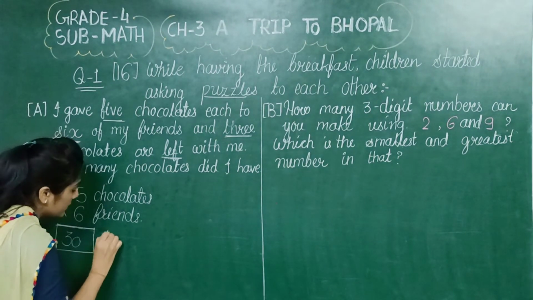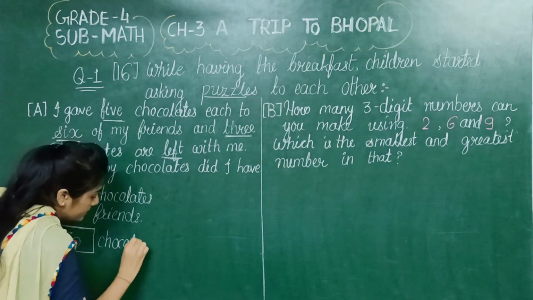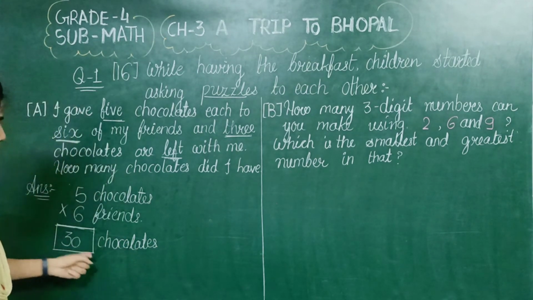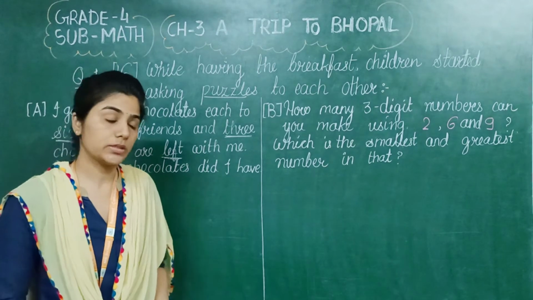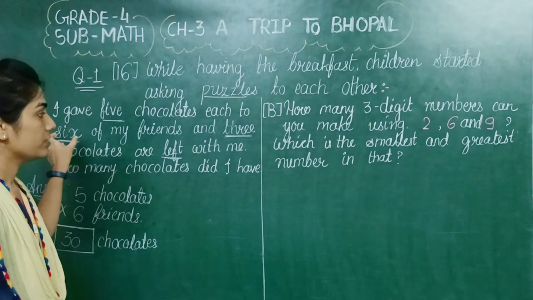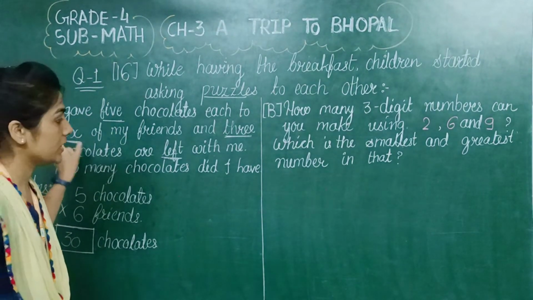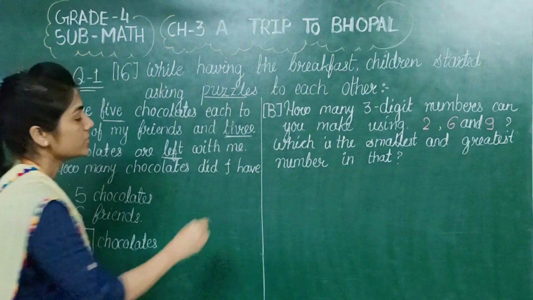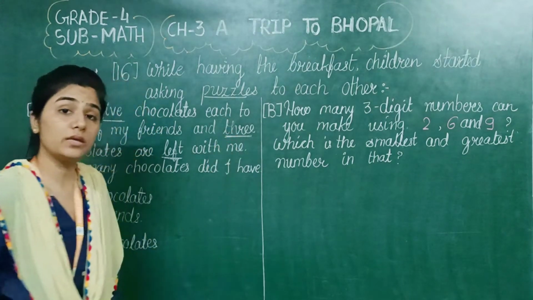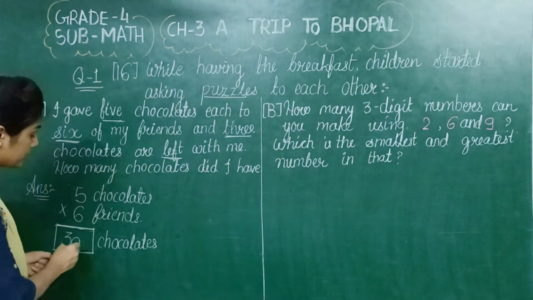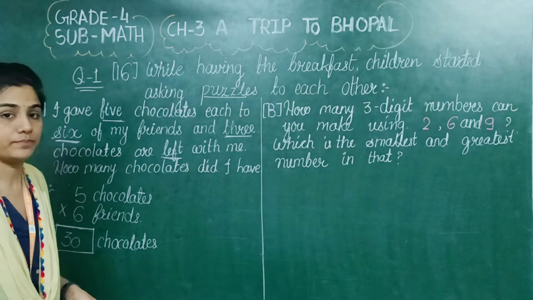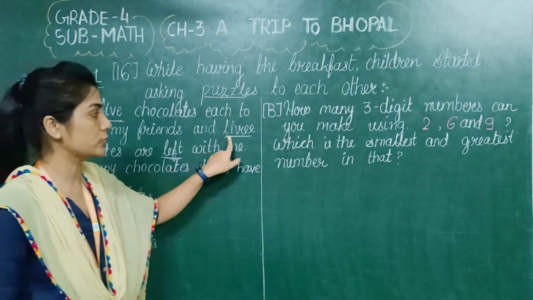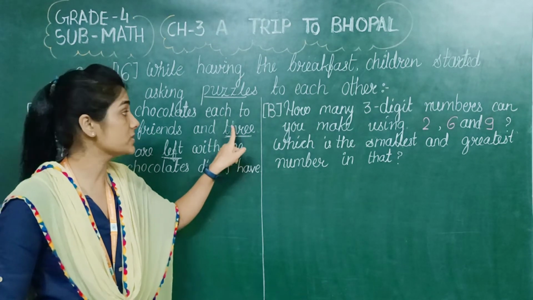The meaning of this sum is this: 30 chocolates you are distributing among these 6 friends. Now how many chocolates are left with you? There are 3 chocolates remaining with you. That means whatever number of chocolates we found, which is 30, in this 30 chocolates you have to add this 3.